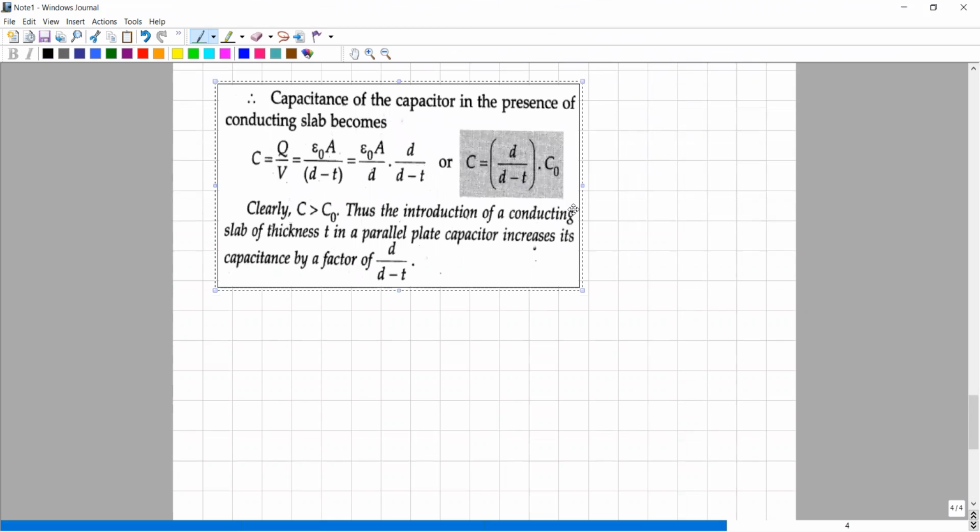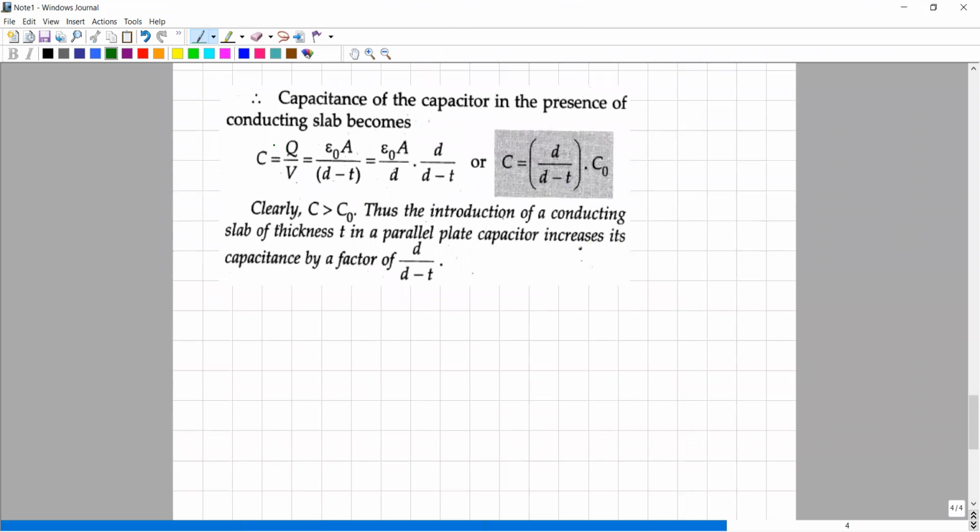As you can see, capacitance is equal to Q by V, that is epsilon naught A by D minus T. Then you can multiply and divide this expression by D. If you do so, with epsilon naught A by D, you will get this. This was the original capacitance.